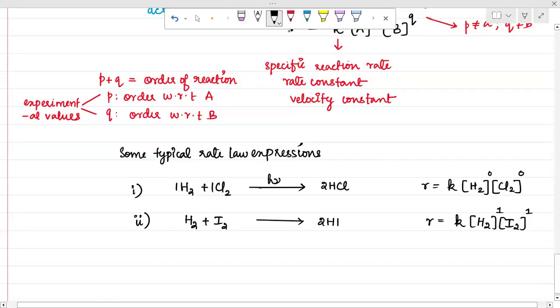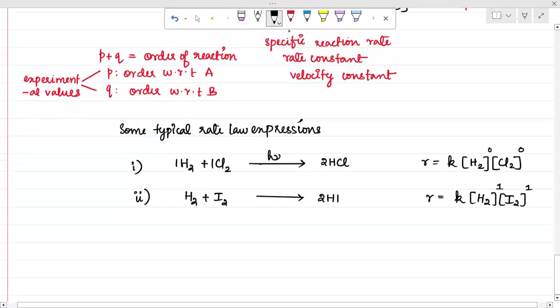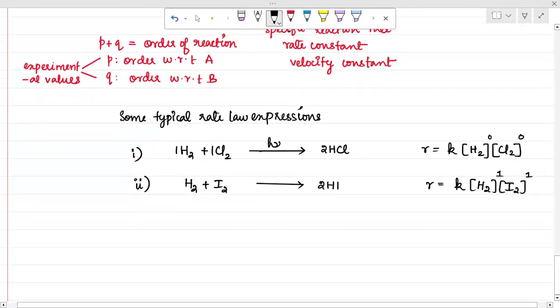So now this is an example where the powers and the stoichiometric coefficients are the same. This can also happen. Okay. Now another example, let's say H2 plus Br2 giving 2HBr.